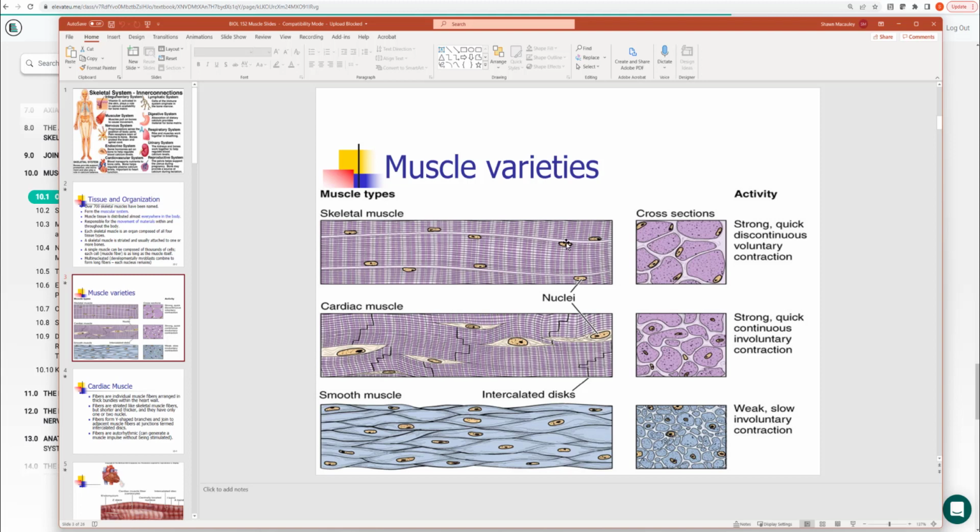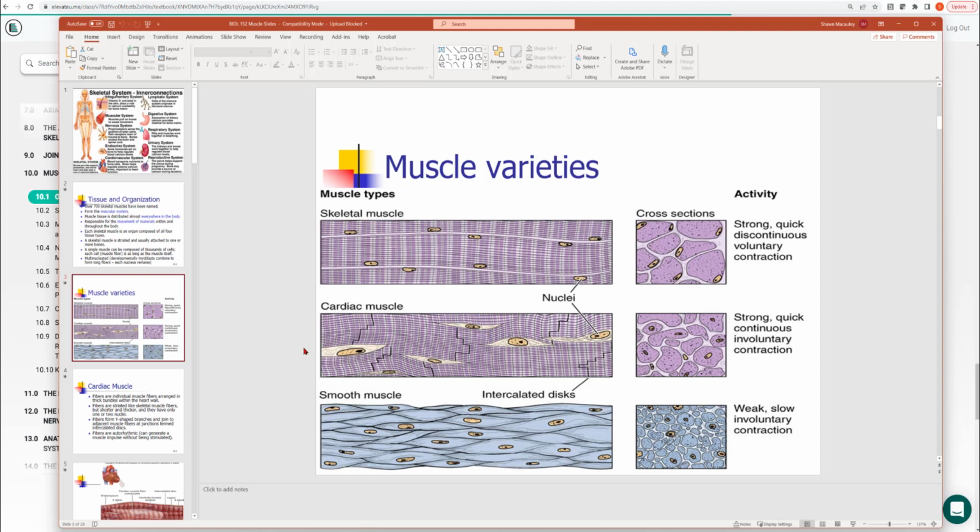And we see the multiple nuclei along the cell. Skeletal muscle is considered strong, very quick, voluntary, and discontinuous. What does that mean? You can have your arm down to your side all day, and you only have to use your biceps brachii occasionally. Your biceps brachii is not continuously working.